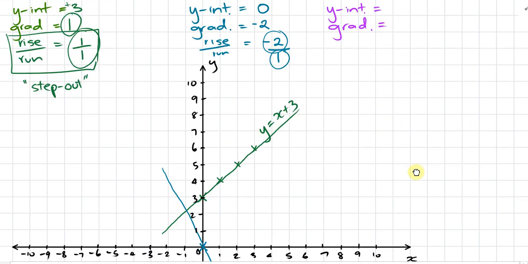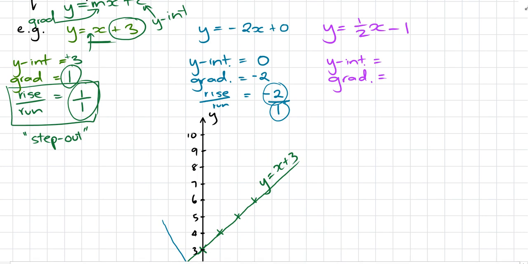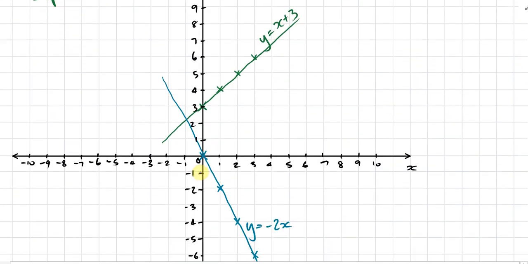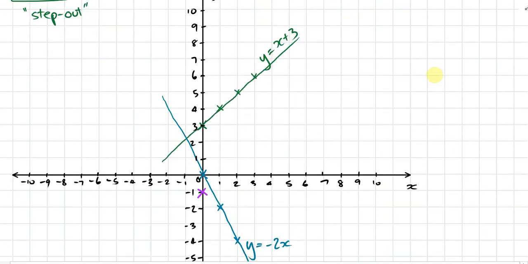Okay, last equation we've got here, y equals half x minus 1. So the y-intercept is negative 1 and the gradient is 1 over 2. The y-intercept being negative 1 would be here, and the gradient is 1 over 2.